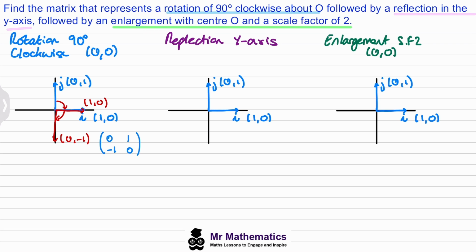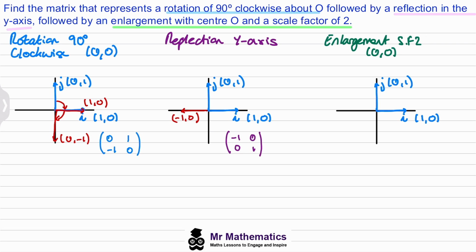Moving on to our reflection, if we reflect i in the y-axis, the image will have coordinates -1 and 0, and this j component will be invariant. So the image will also have coordinates 0 and 1. So the reflection matrix will become -1, 0 for i, and 0, 1 for the image of j.